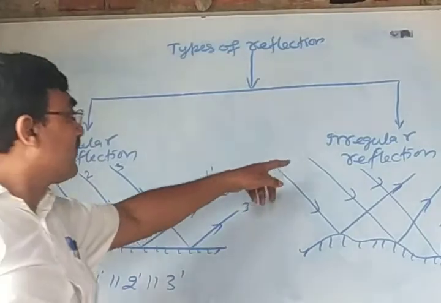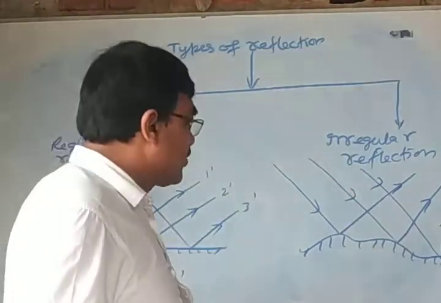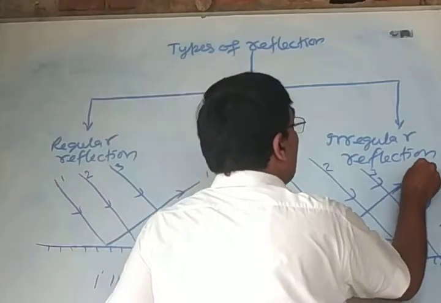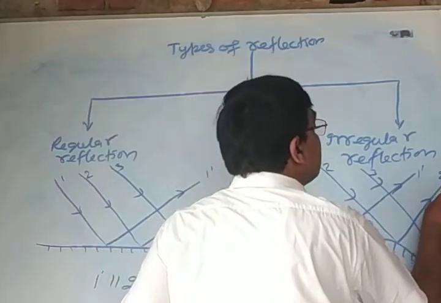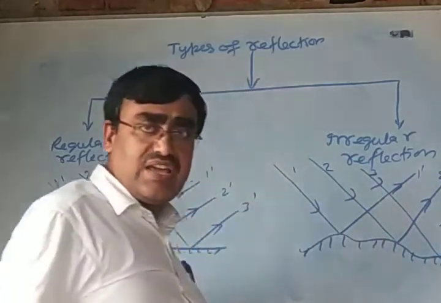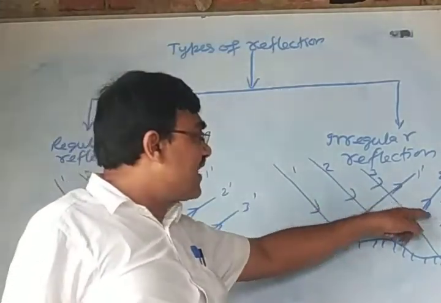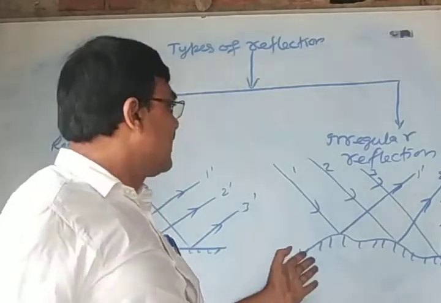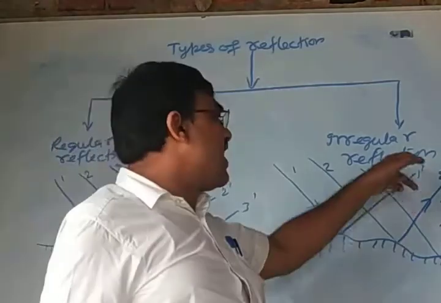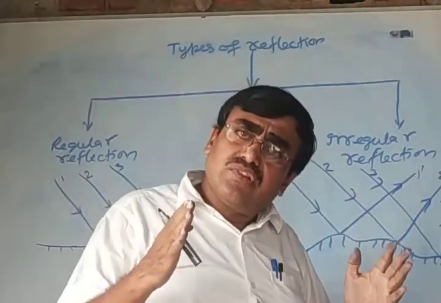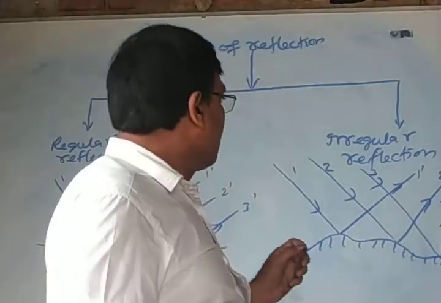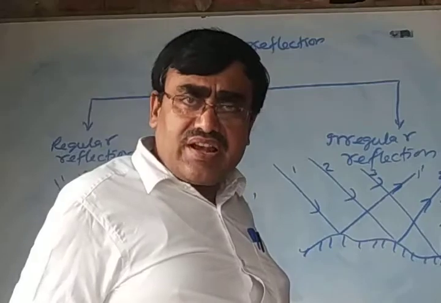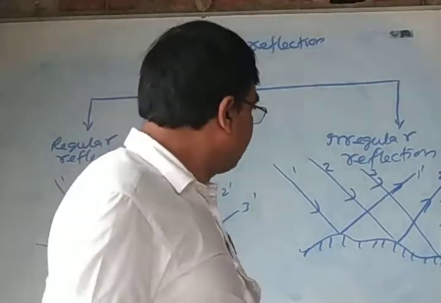Here 1 dash, 2 dash and 3 dash are not parallel to each other; actually, they are like intersecting rays.